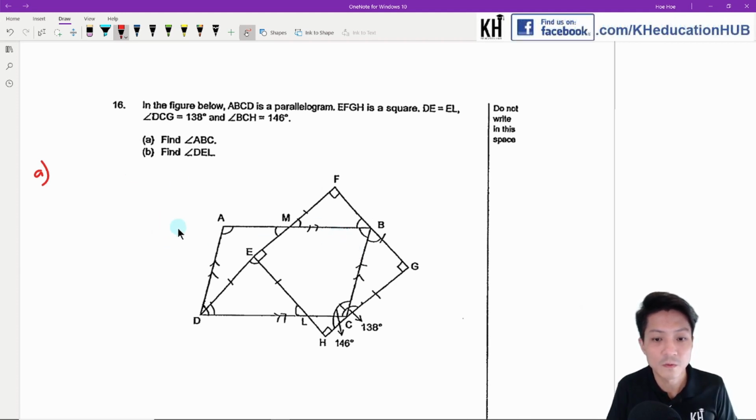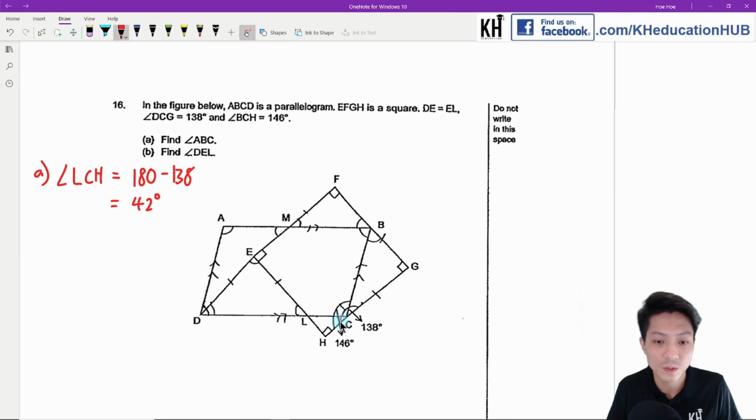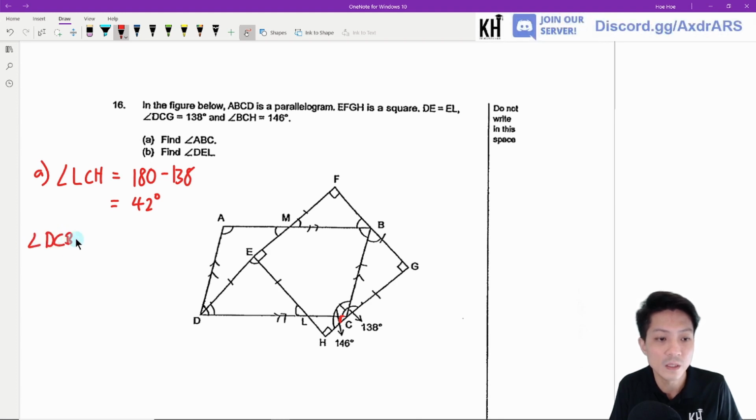Okay, first I'm going to find what is angle LCH. Angle LCH is 180 minus 138, which will give me 42 degree. Okay, so here is 42. Next I'm going to find angle DCB.